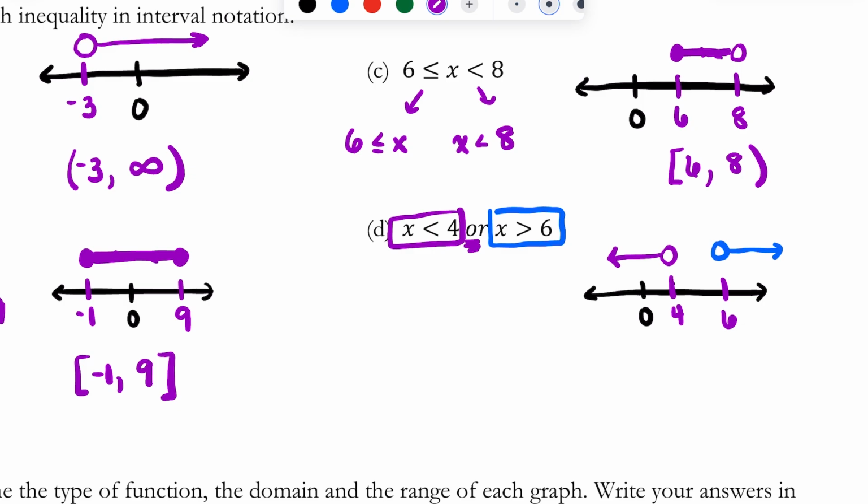So if I start all the way to the left, that left arrow is going all the way to -infinity. So I put that parenthesis on it, and then I keep on going to 4.